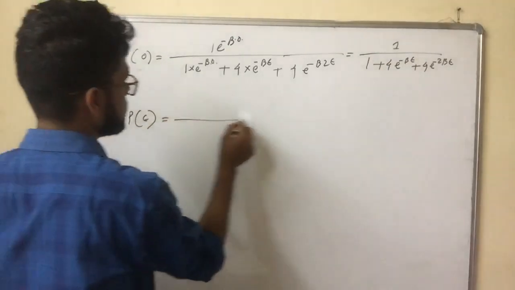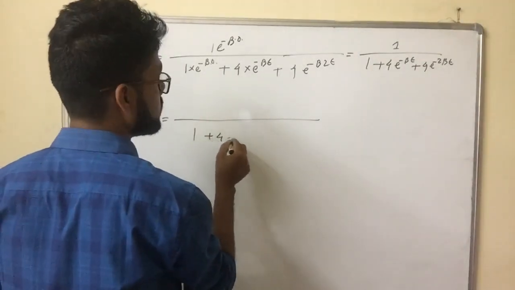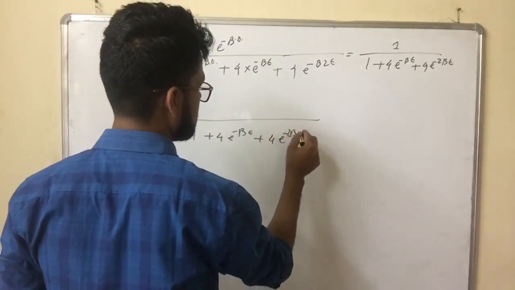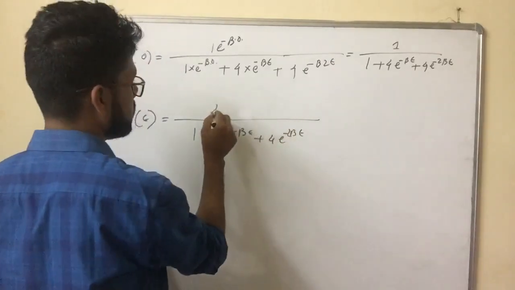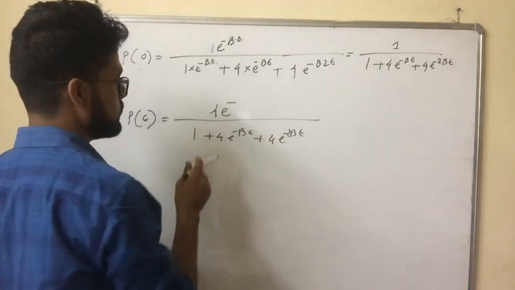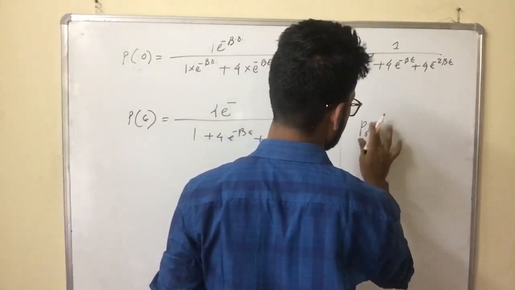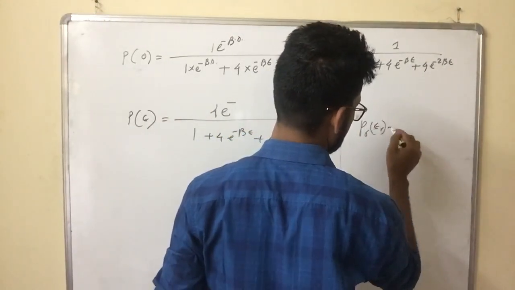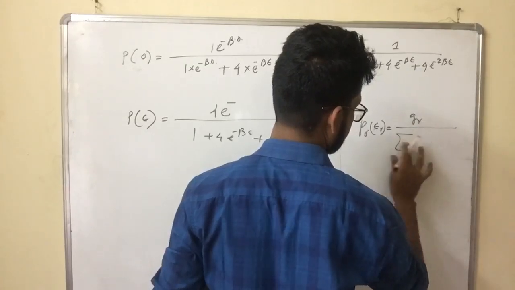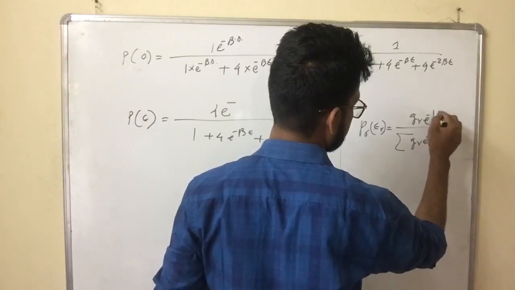If I calculate, the denominator will be the same: 1 plus 4 e to the power minus beta E plus 4 e to the power minus 2 beta E. Numerator will be 4 into e to the power minus beta E. Where do you get 4 from? This is the formula. I am writing it again. g_r e to the power minus beta E_r.